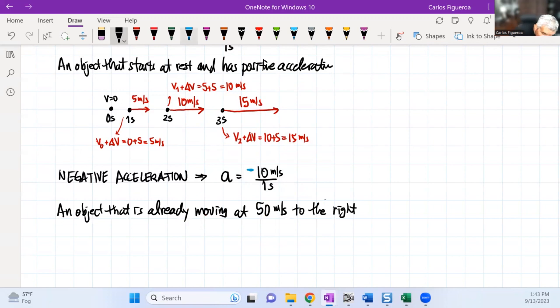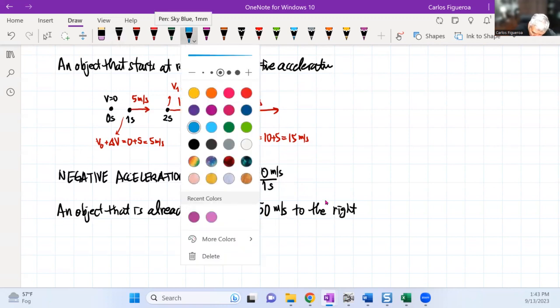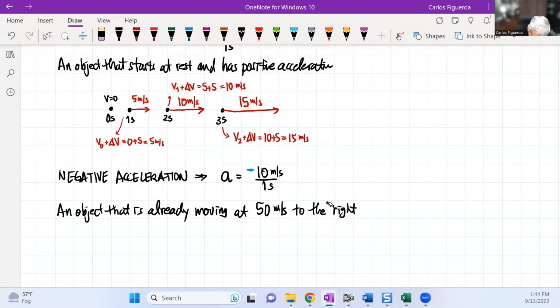So this negative sign becomes important. Why is it important here? Because it makes the acceleration negative. So instead of adding, it's taking away from the velocity.